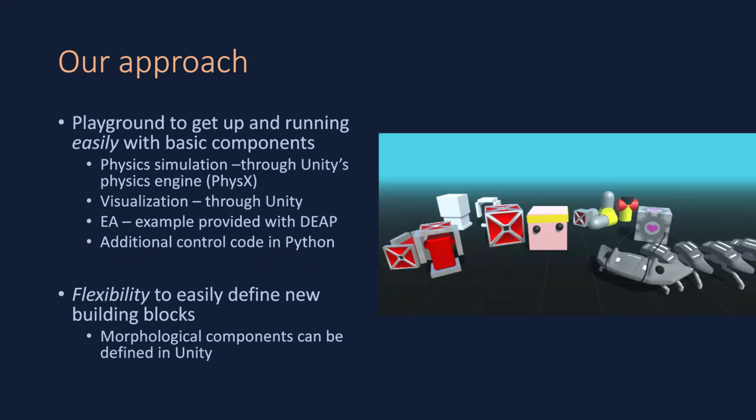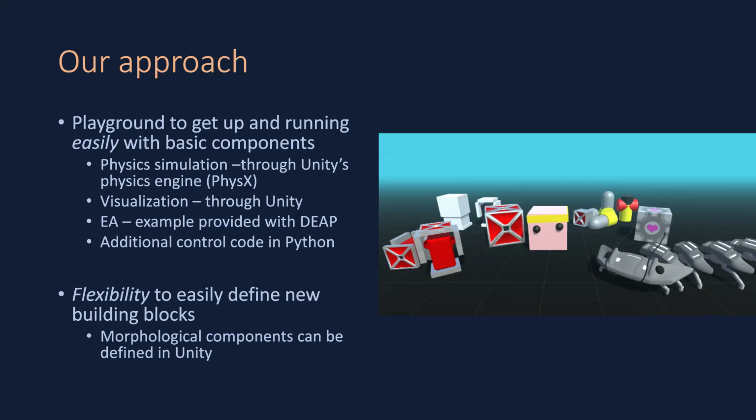The idea behind our approach was that when you're just starting out with evolving robots, it can be a bit tough to get going. We wanted to create a framework that was easy to get up and running, and that also had the flexibility to define your own building blocks for the robots you wanted to evolve.